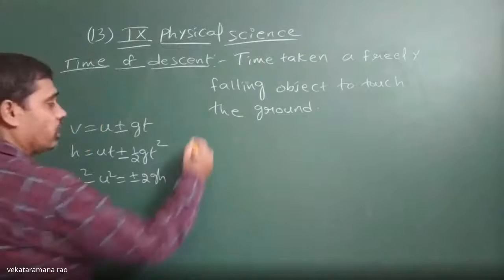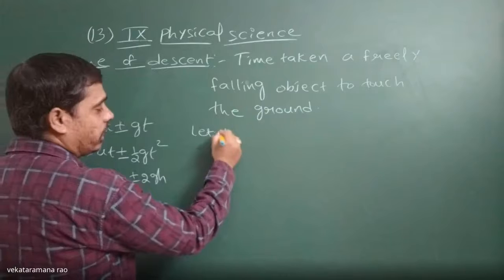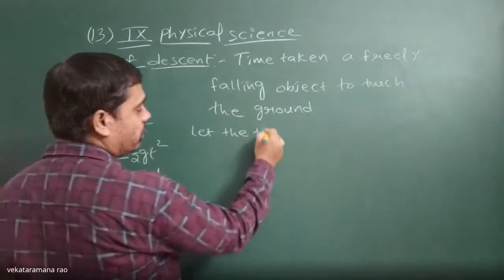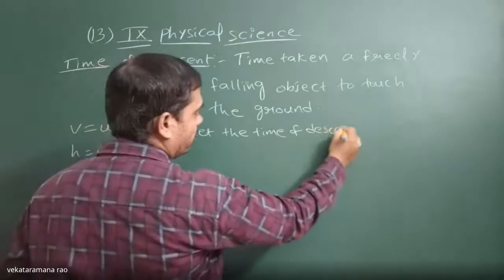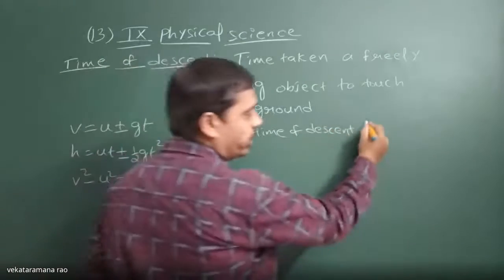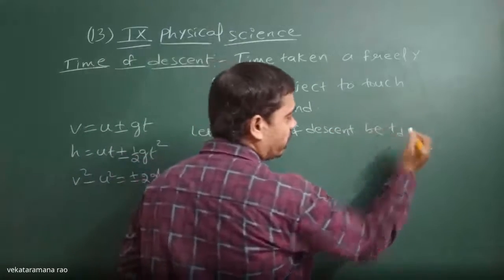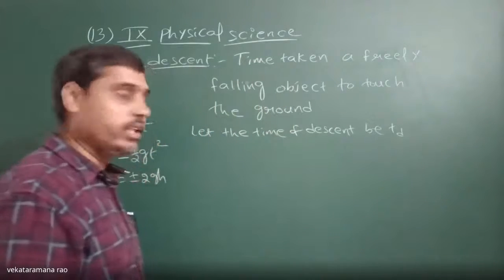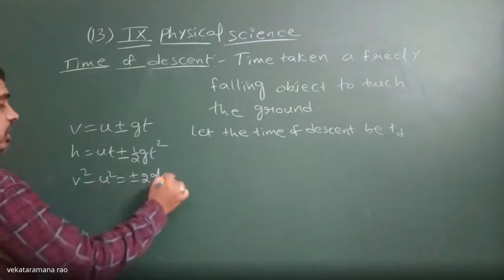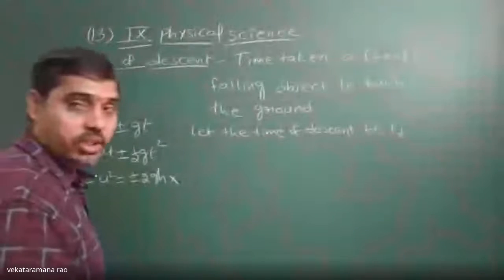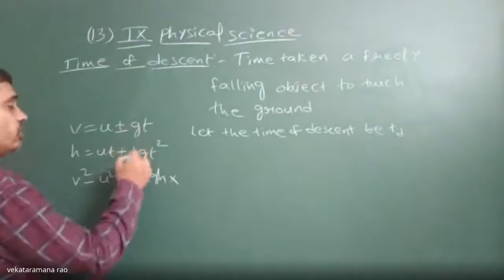Now let us assume the time of descent be Td. Now which equations do we have to consider? Again the third is not useful because it does not involve time. Only we can consider these two.